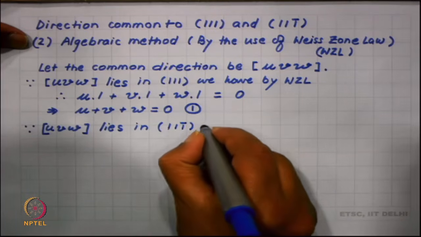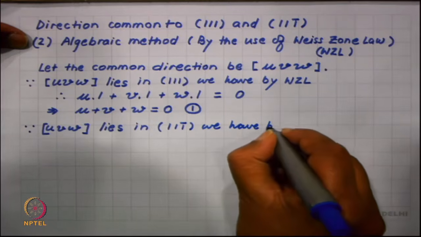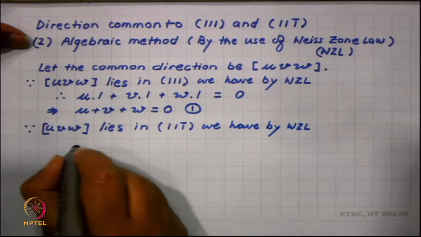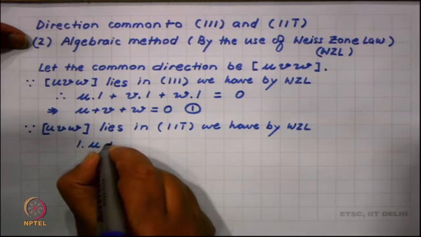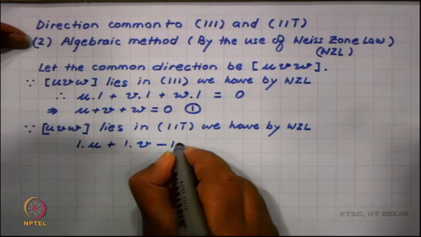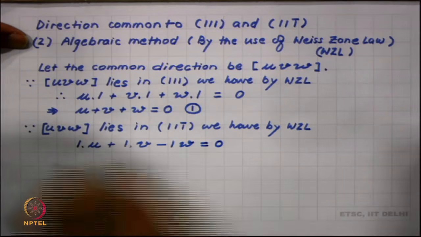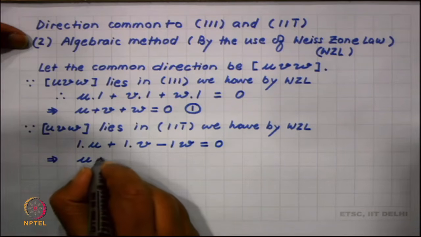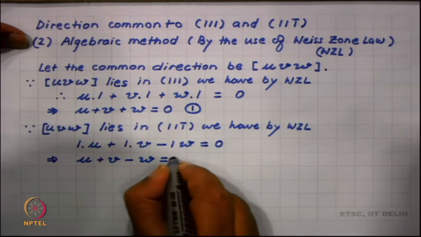Again applying Weiss Zone law, we have 1 times U plus 1 times V minus 1 times W is equal to 0, which means U plus V minus W is equal to 0.